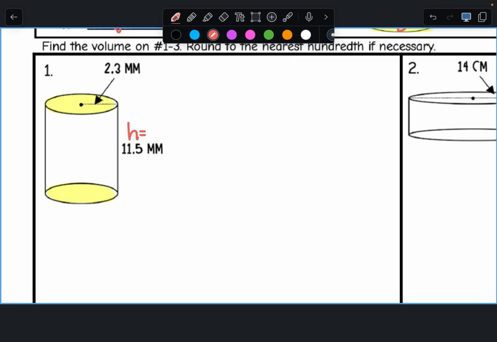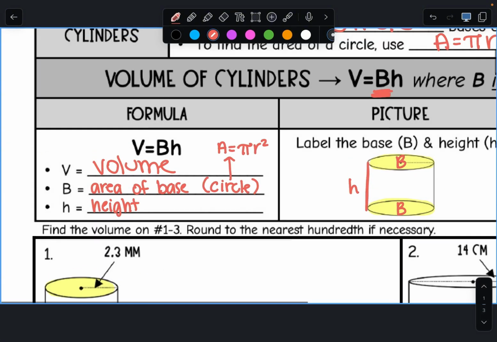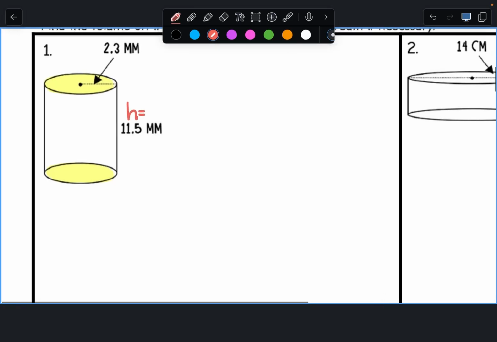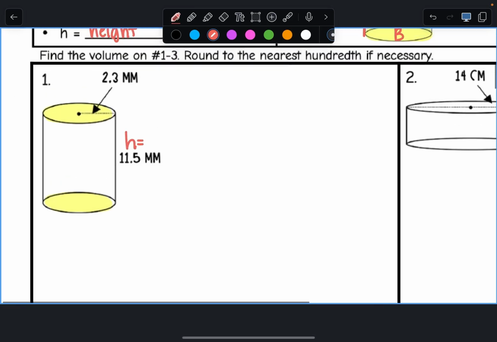Okay. Now, to find the volume of a cylinder, the formula is base times height. Before you can find the volume, you will always need to find big B first. So first thing you want to do is find big B. Now, B is a capital B because it's representing the area.